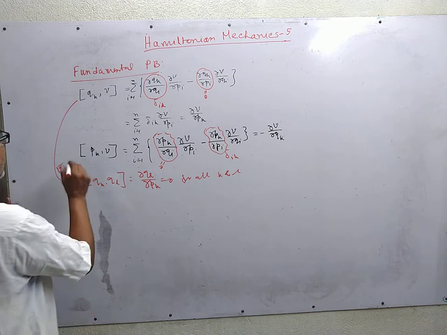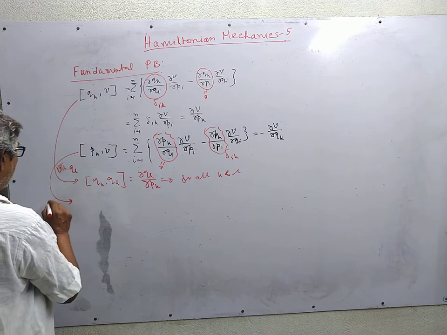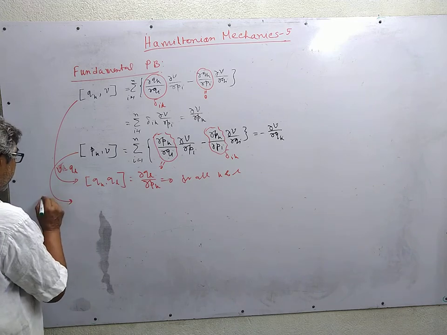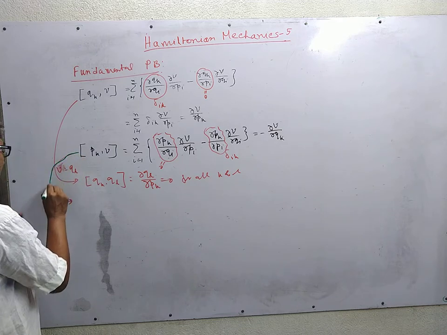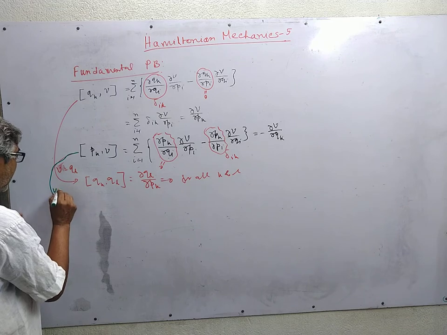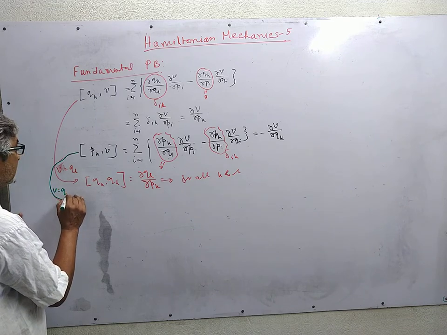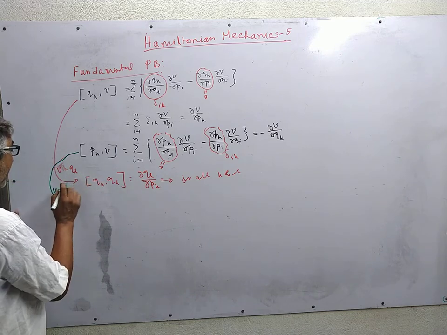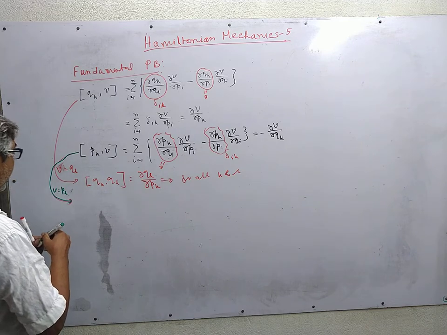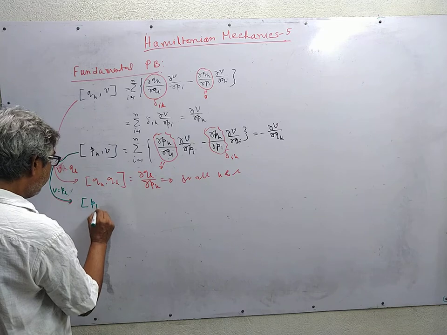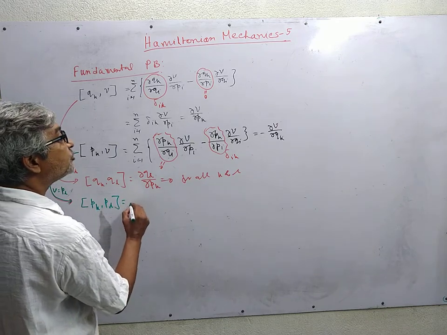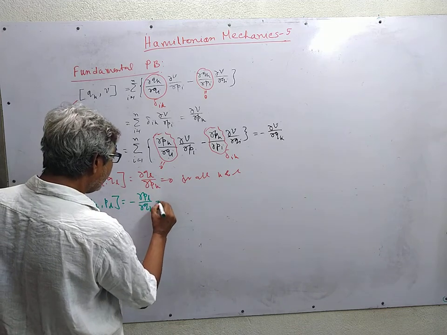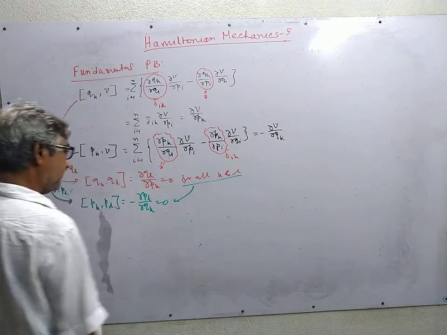Similarly, if we write v equal to pl, then we have [pk, pl] equal to minus ∂pl/∂qk, which is 0 again for all k and l.